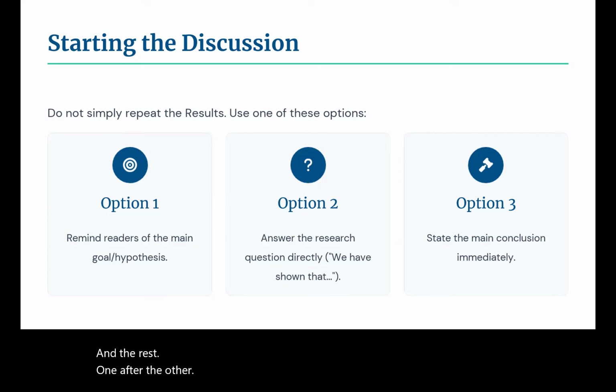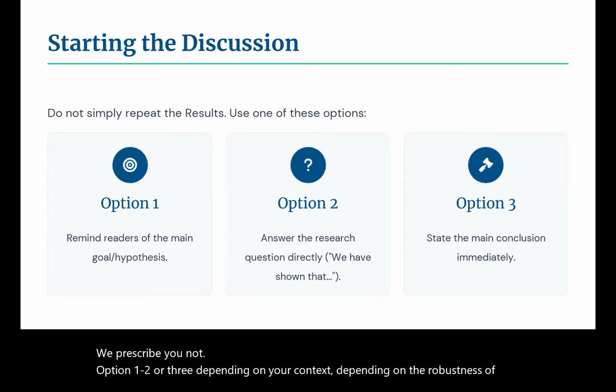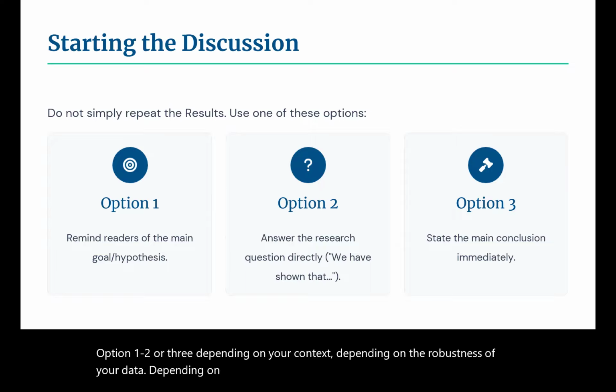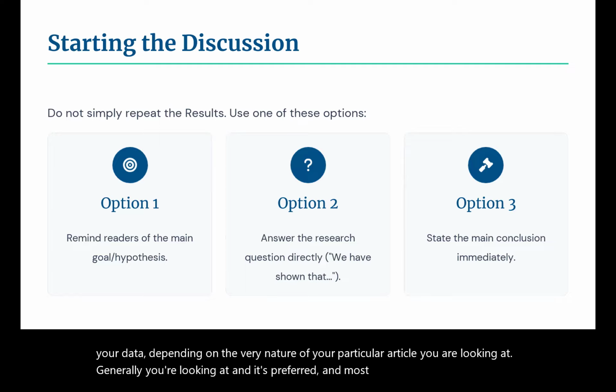We don't prescribe option 1, 2, or 3; it depends on your context, on the robustness of your data, on the very nature of your particular article, the journal you are looking at, and its preferred and most popularly taken method. Choose any of these options.